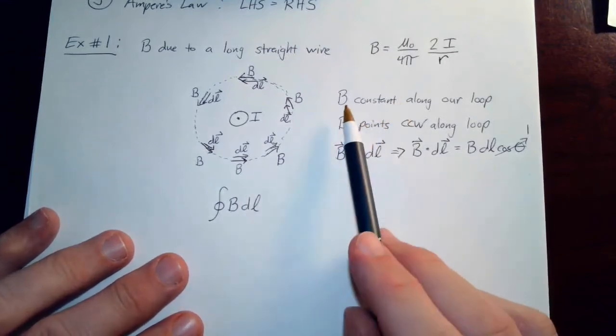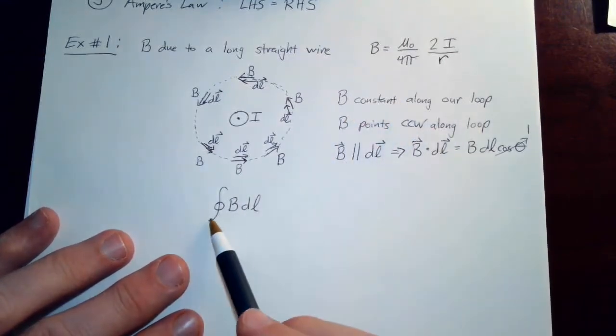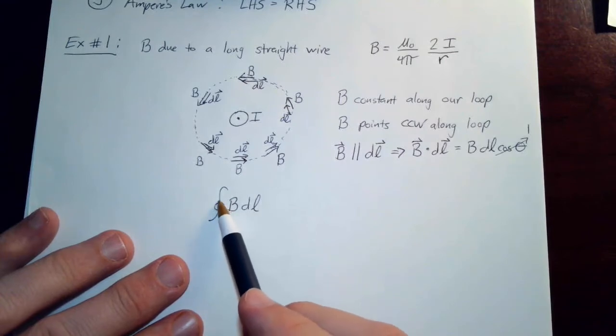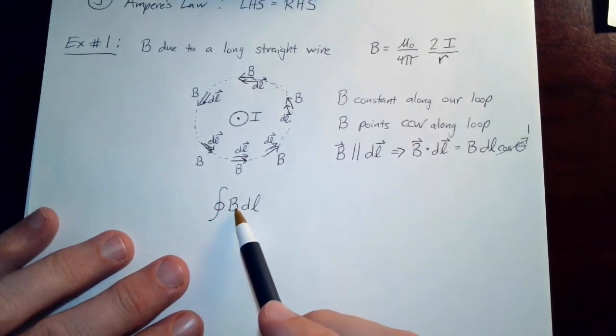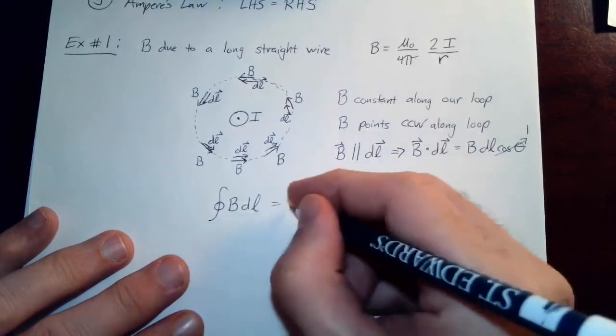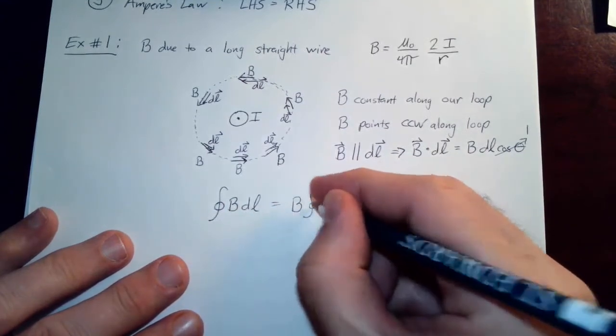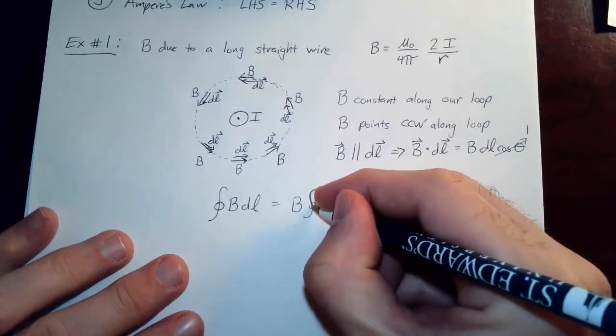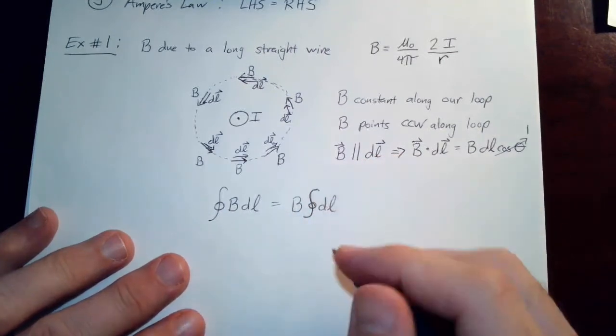And I argued that B is constant along the loop, so as we walk around this loop, the circle, remember, it reminds us that we're walking around a closed loop. B is constant, so that means I can pull it out of the integral. And now I have the integral of DL going around a loop.